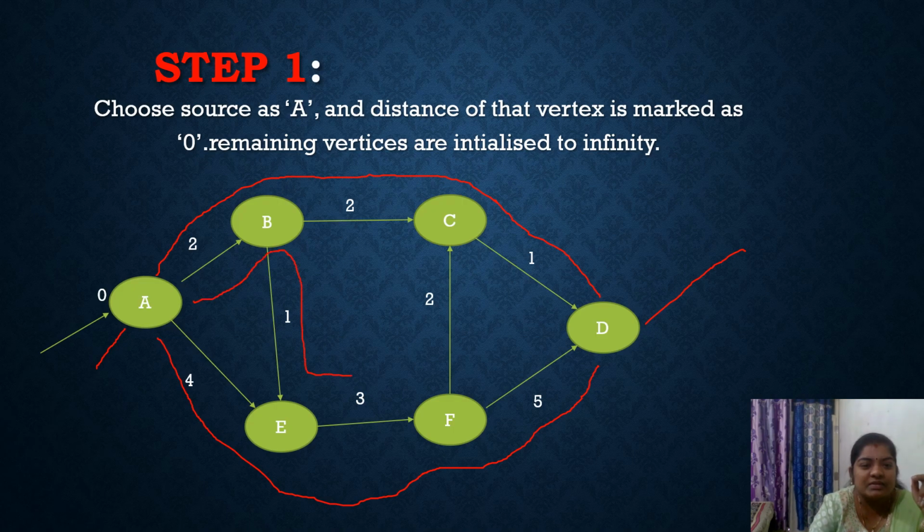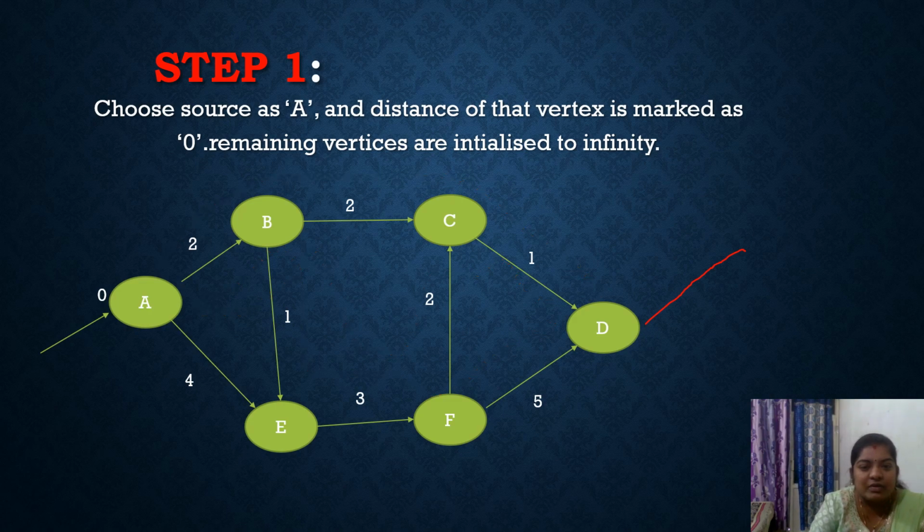This is another path. This is another path. So among all those paths, I want to find out the shortest path, which is the shortest distance to reach from source A to destination D by using this algorithm. So this is the main aim.